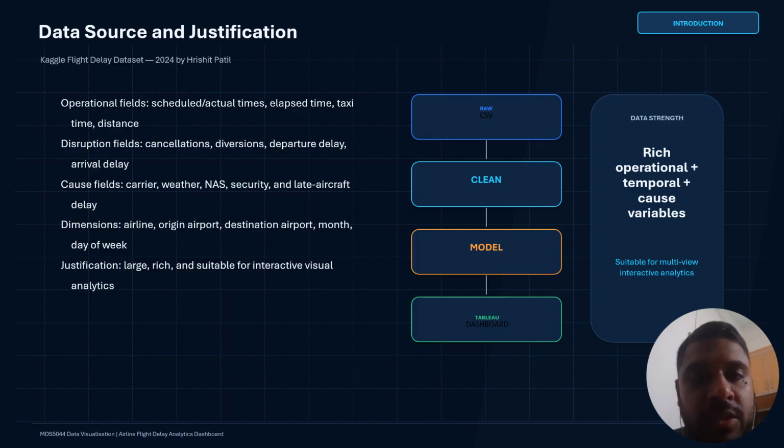It also includes disruption indicators such as cancellations, diversions, departure delay, and arrival delay. And most important, it includes specific delay fields which allow the dashboard to explain why delays occur. Because the dataset combines categorical dimensions and numerical measures, it is suitable for Tableau visual analytics.